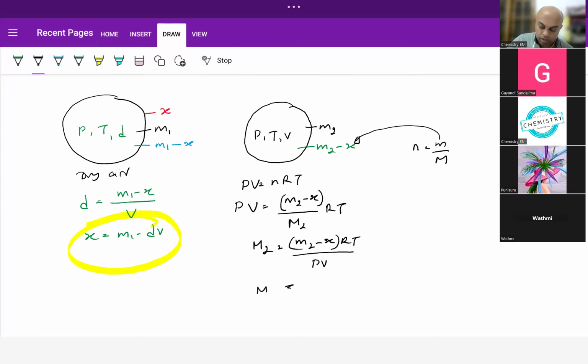Then M2 is equal to (M2 minus X, that is M1 minus dV) RT divided by PV. So this is how you derive this expression.